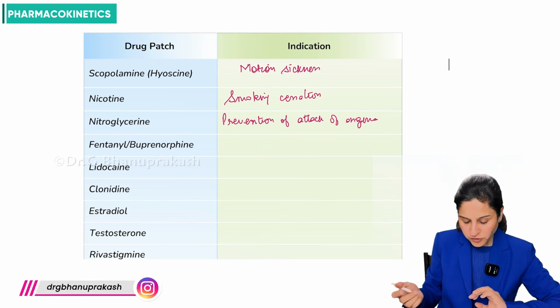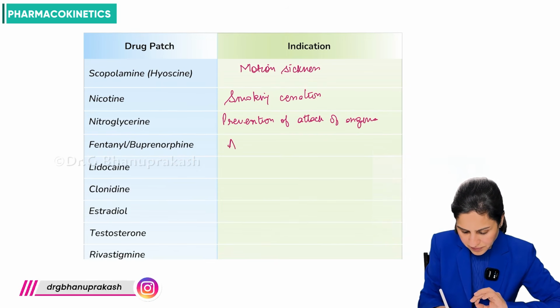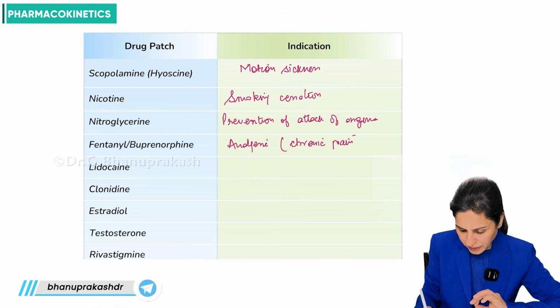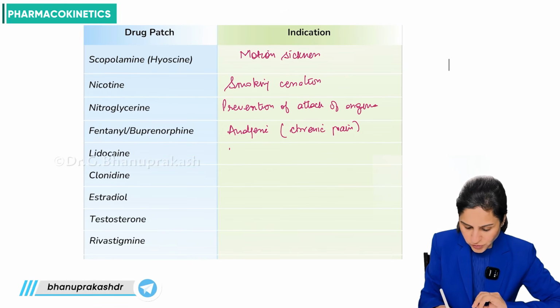Fentanyl or buprenorphine, so these are analgesics. They can be used for chronic pain, for example, cancer or post-op pain. Lidocaine is used for post-herpetic neuralgia.